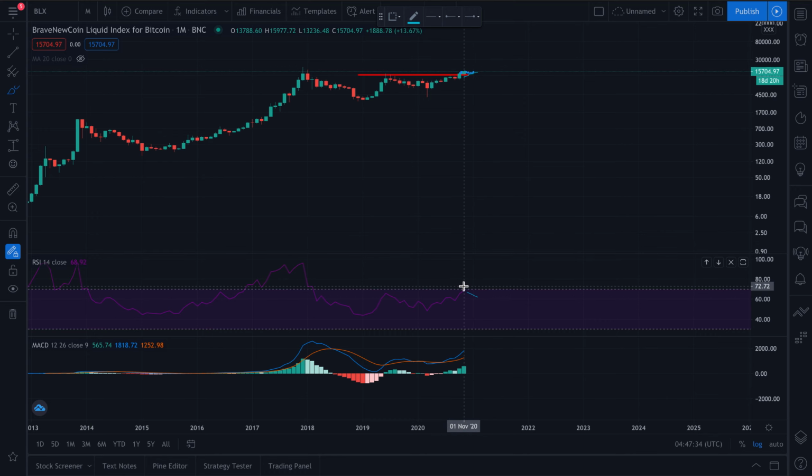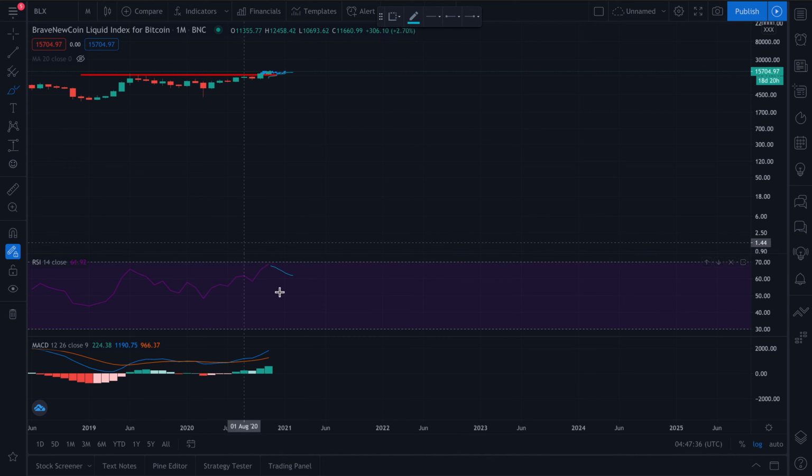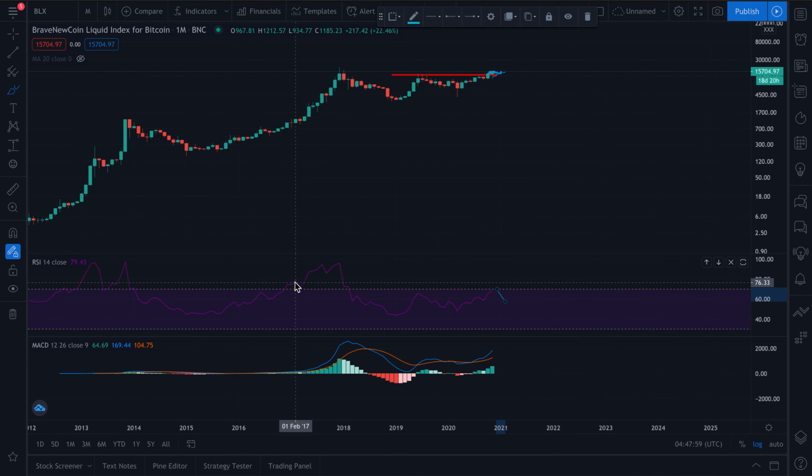But I would assume, and this is entirely my perspective here, and assumptions are what they are, assumptions, we will hit resistance here on the 70 RSI. We might go above it to like 71, 75. It's entirely possible. But based on previous price history, we should revert back, come back down.